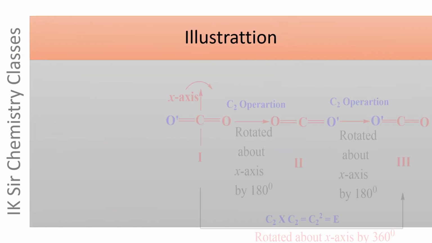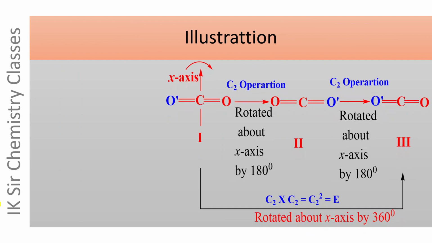Let us now illustrate these facts diagrammatically. This is CO2 molecule. It is x-axis and C2 operation is carried out in which CO2 molecule is rotated about the axis by 180 degree, that is 360 degree by 2. The new orientation obtained is 2.